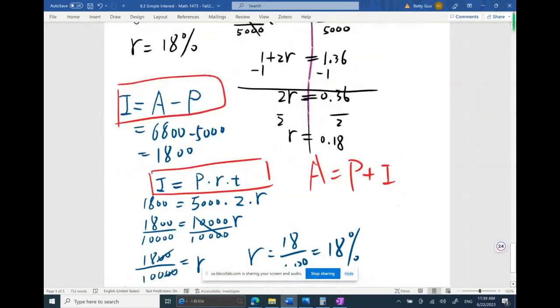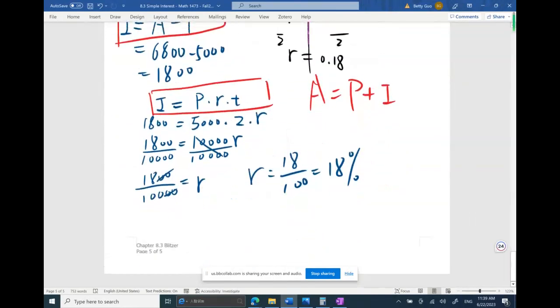Also, you need to have a certain algebra foundation in order to do the assignment for this section. When we plug values into the formula and solve for the unknown, we are basically solving an equation. You need to know how to evaluate the expression and solve the equation. That's the very basic thing.